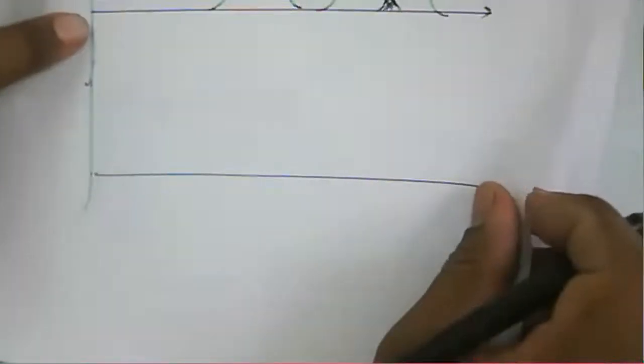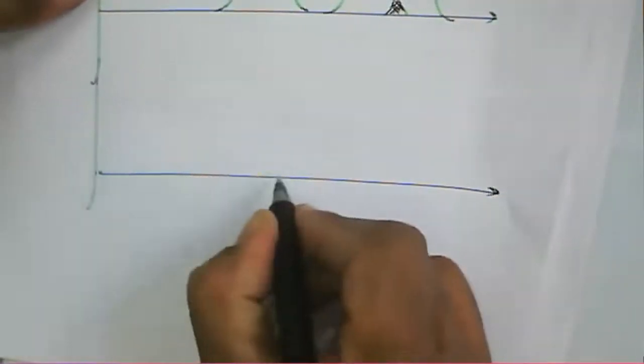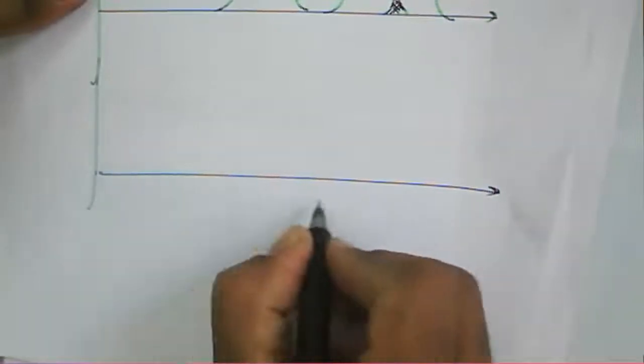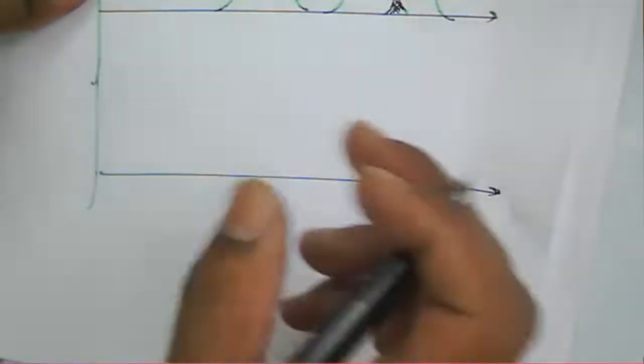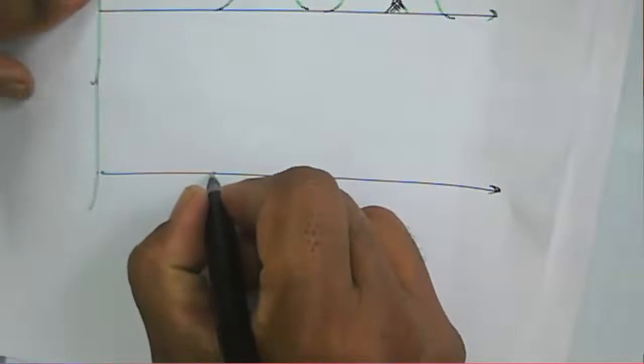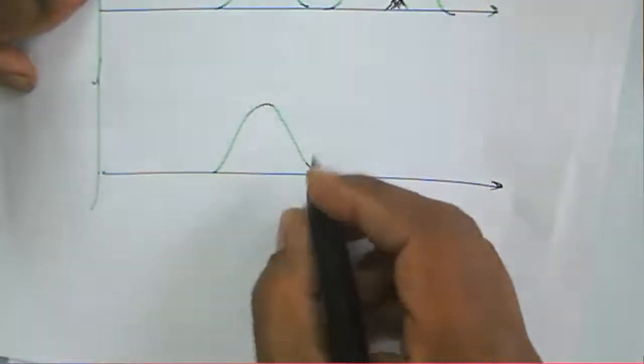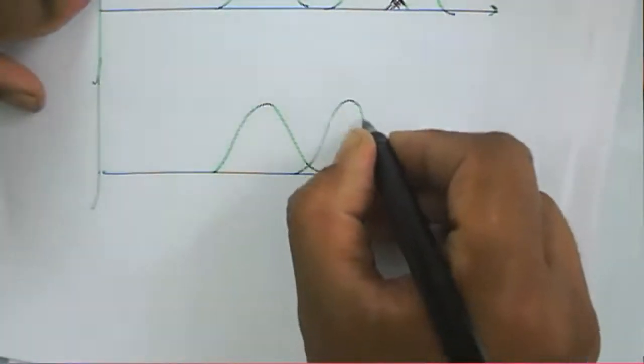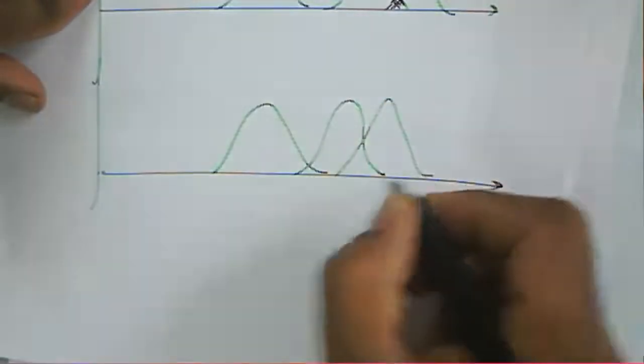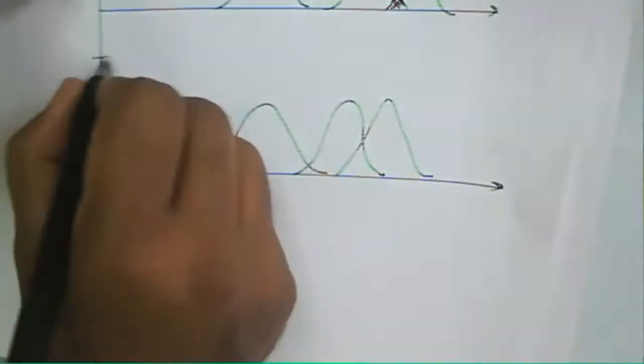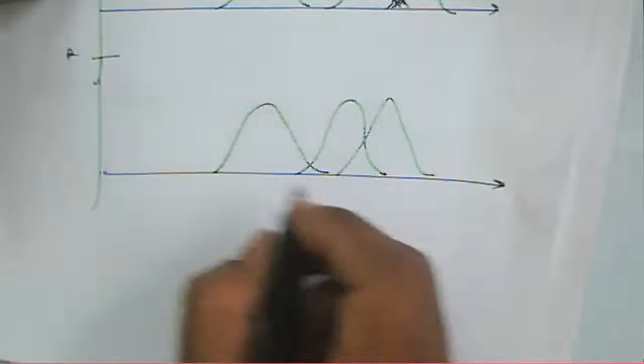But if you further increase the length, if the length of the fiber is long, then we receive the 1 and the amplitude reduces.